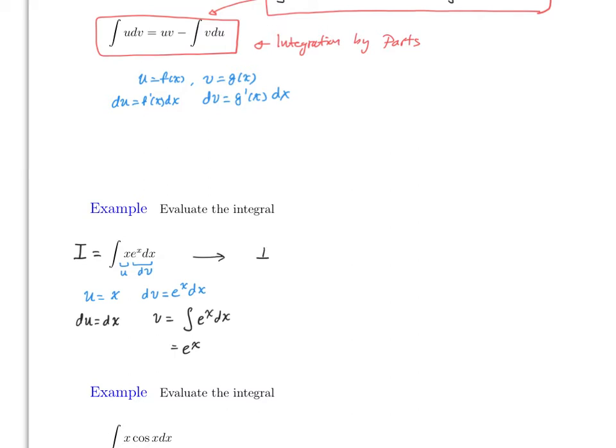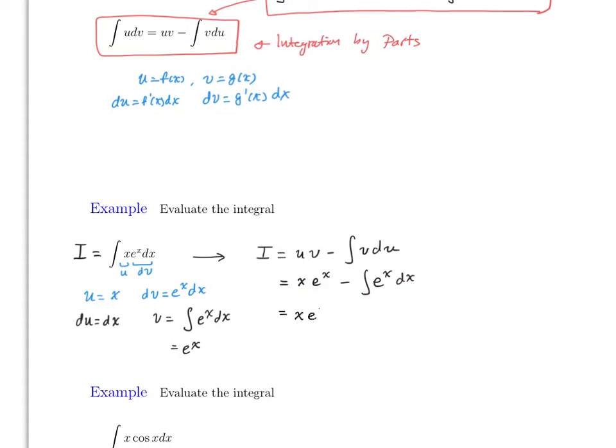In our case, our integral is going to be uv minus the integral of v du. So u is x, v is e to the x, and this will be the integral of v, which is e to the x, and du, which happens to be dx. This part is already done, so this is the only one you have to worry about.